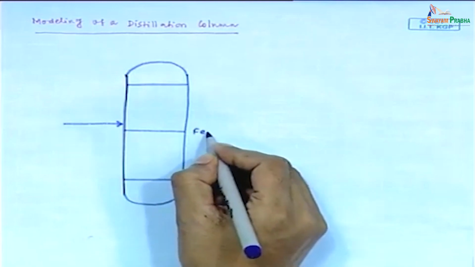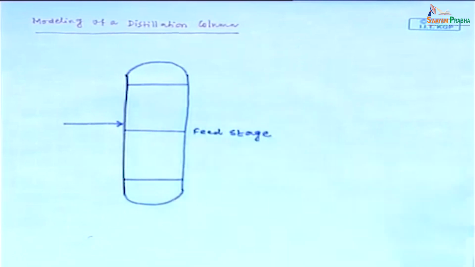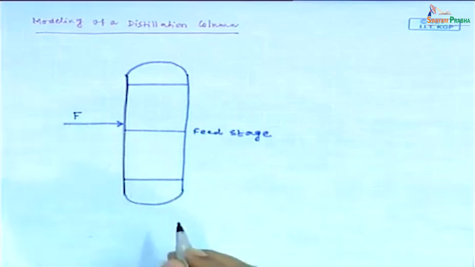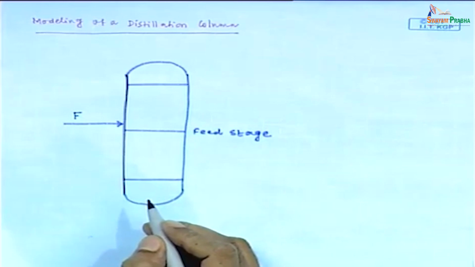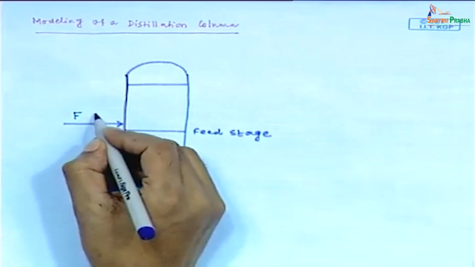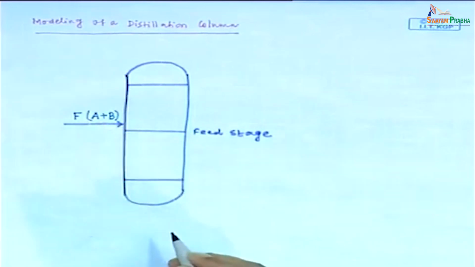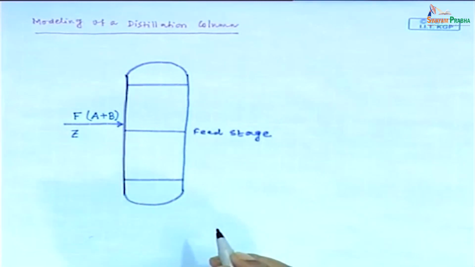This is the feed stage, or feed tray. Feed has the flow rate of F. Suppose this feed mixture contains only 2 components, A and B. The composition of this feed mixture is Z.